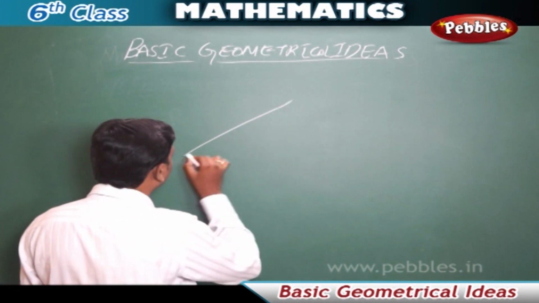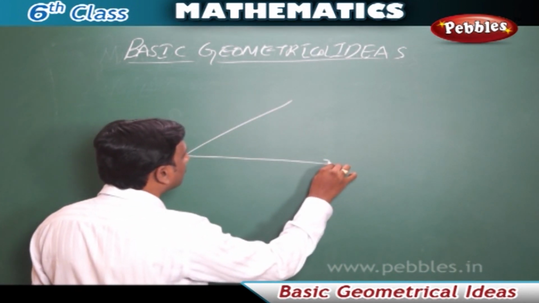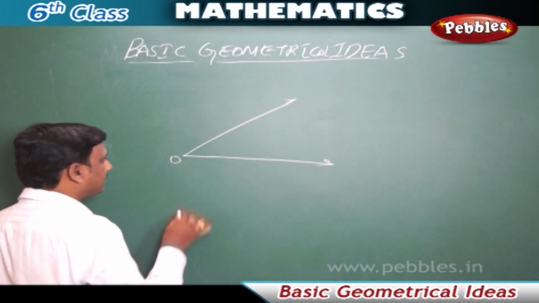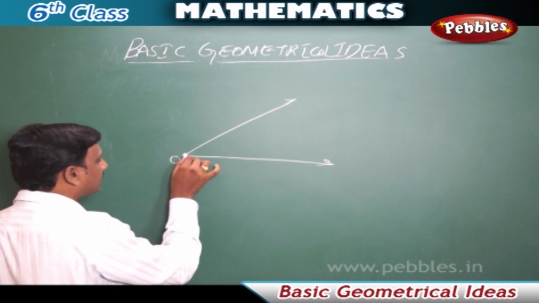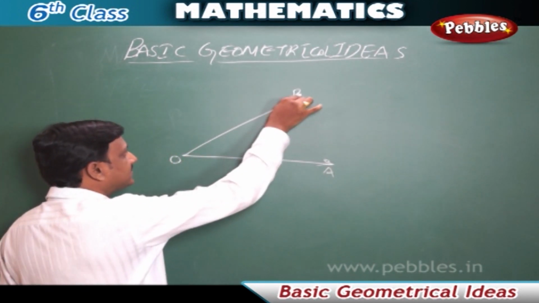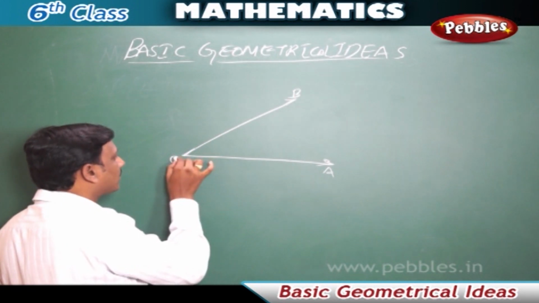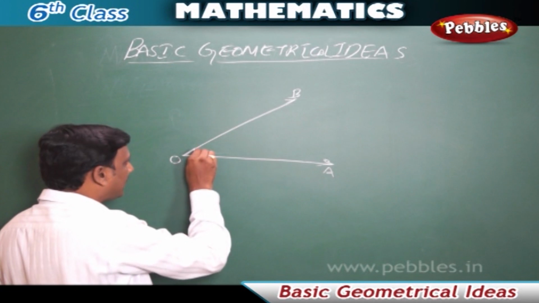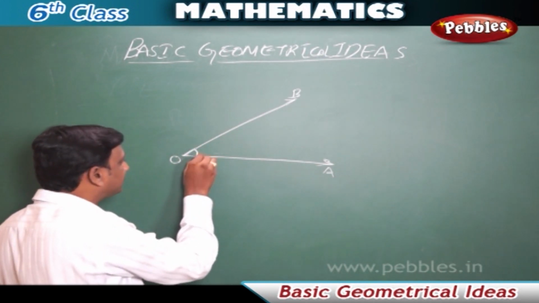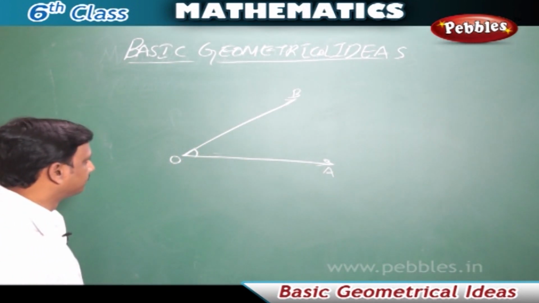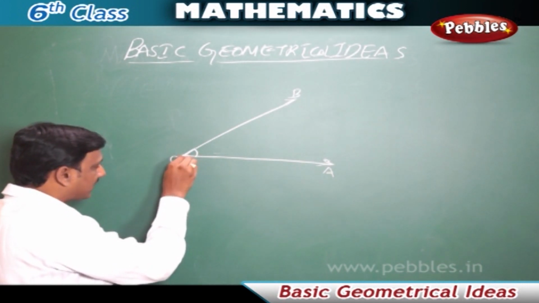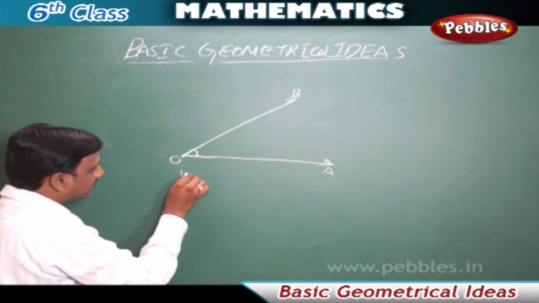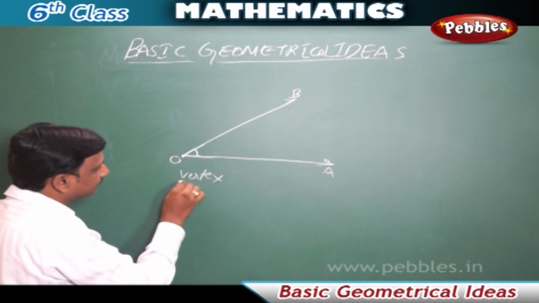In the previous example, we have seen that how angles are formed. Angles are formed when two rays meet at a point. Say, for example, this is a point. From this, two rays arise. So this is a common point. From this common point, two rays arise, and at the corner of these two rays, an angle is formed. And this point, the end point of these two rays from where they have originated, is called as a vertex.